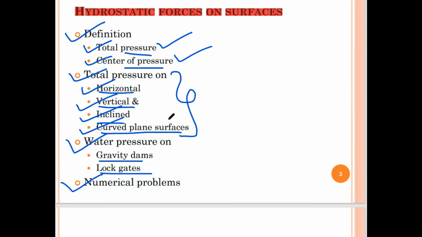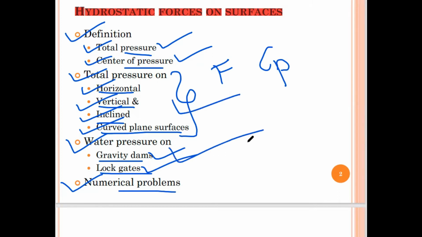For all these four surfaces, you are going to calculate the total pressure force and the center of pressure equation. After that, you are going to study the water pressure which acts on gravity dams and also the lock gates. That is the practical application of these hydrostatic forces. And you are going to solve some numerical problems based on these equations.